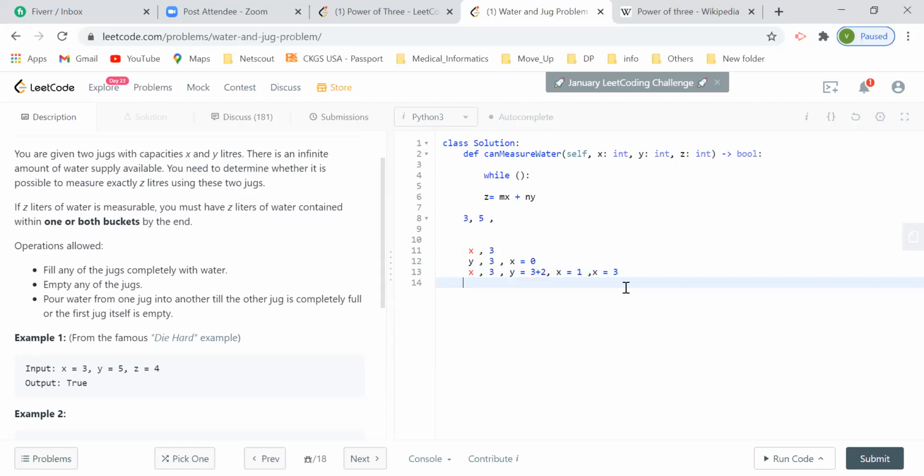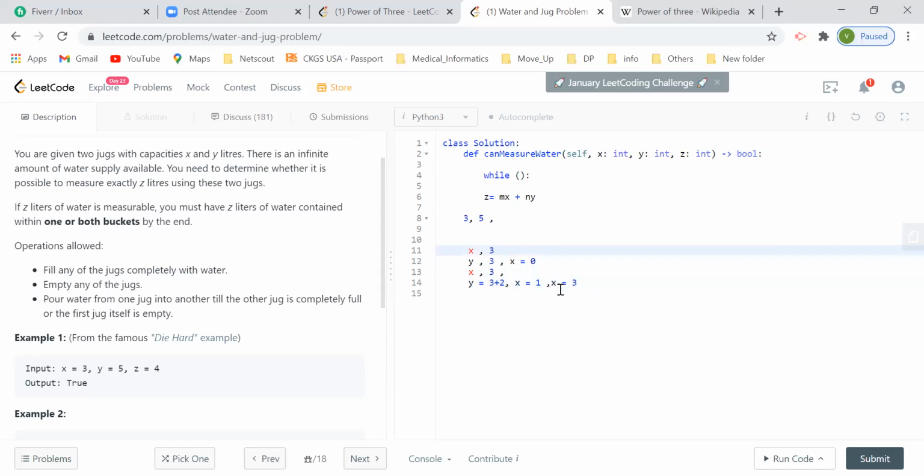How do you get y equals 3 plus 2? Let me just tell you here. When you pour x into y, y can only hold 2 more, and whatever remains, which is 1, stays in x.